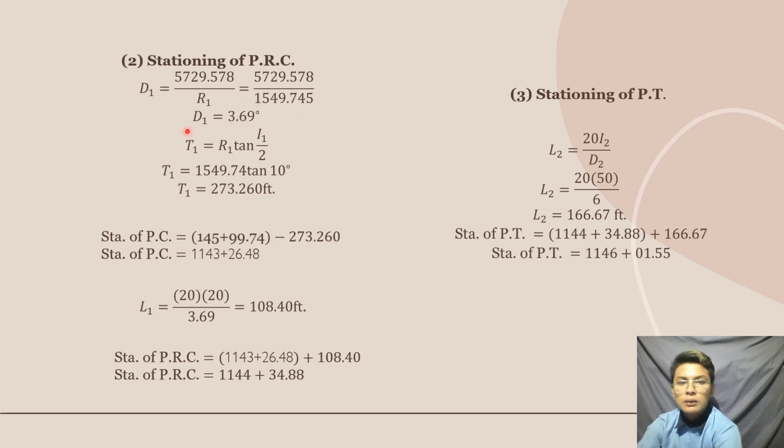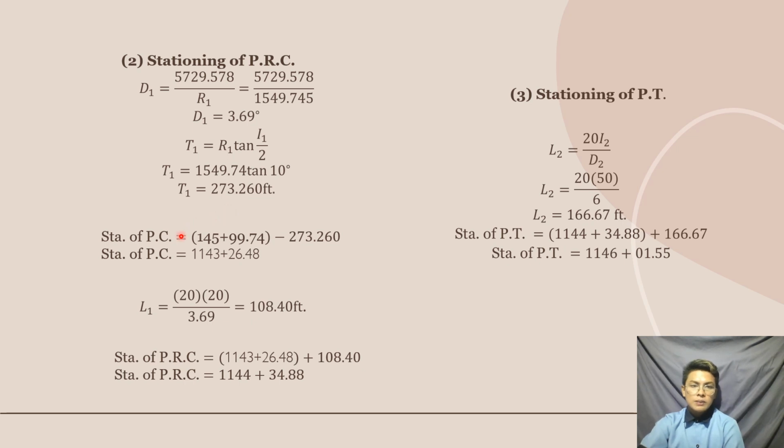Given that, we have D1 is equal to 3.69 degrees. Next is we will get our T1 is equal to R1 tangent I1 divided by 2. Using that formula, substitute all the values. I1 is 20 divided by 2 is 10. So we get T1 is equal to 273.260 feet.